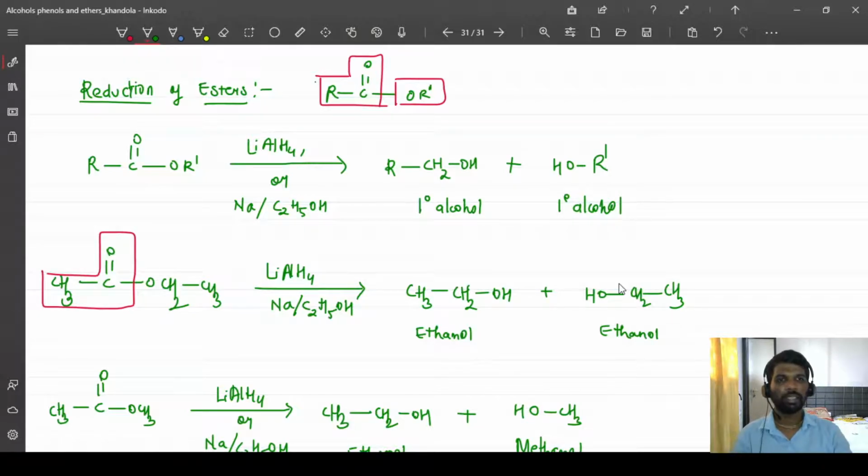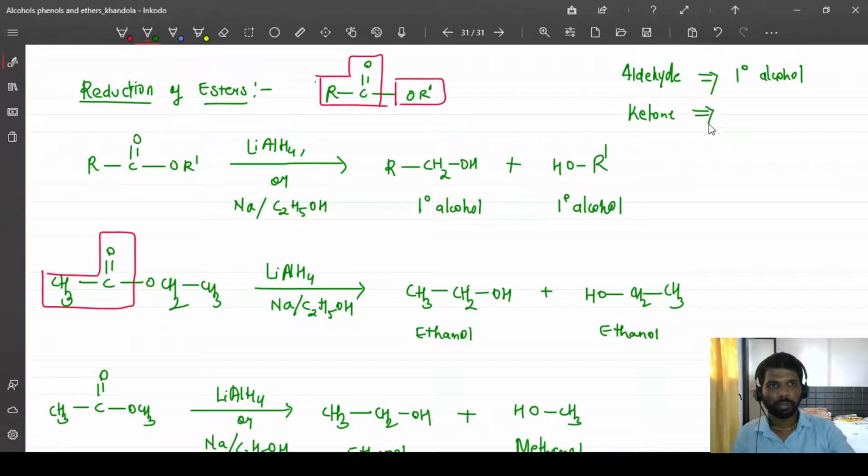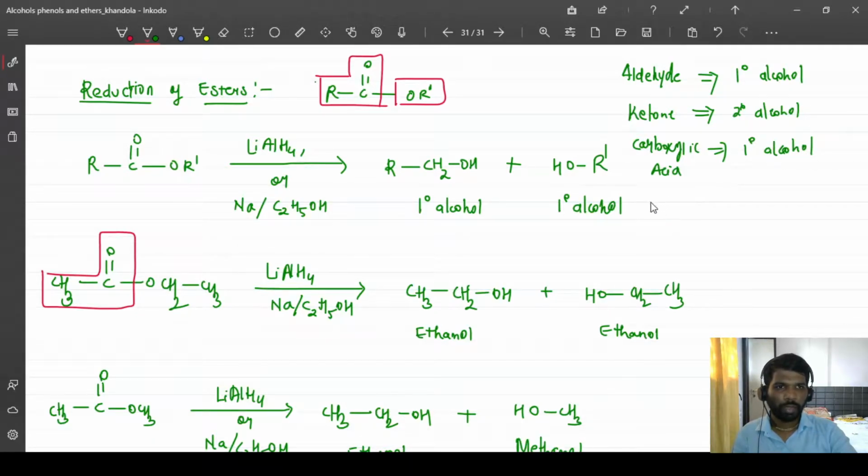If I want to summarize: aldehyde gives primary alcohol, ketone gives secondary alcohol, carboxylic acid gives primary alcohol, and esters give two alcohols, both of which are primary alcohols.